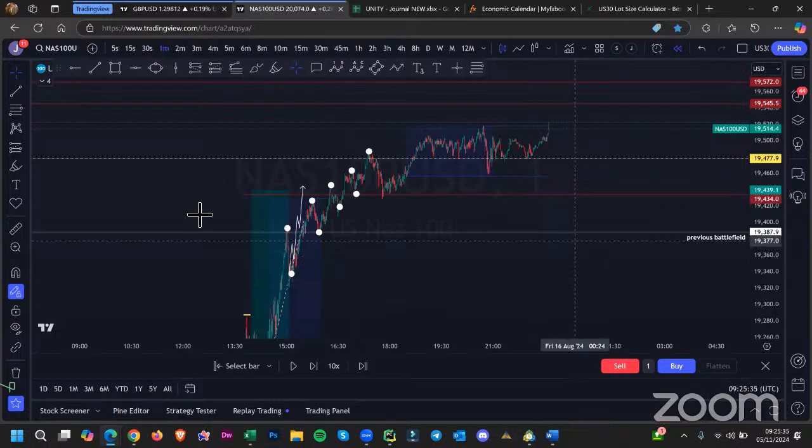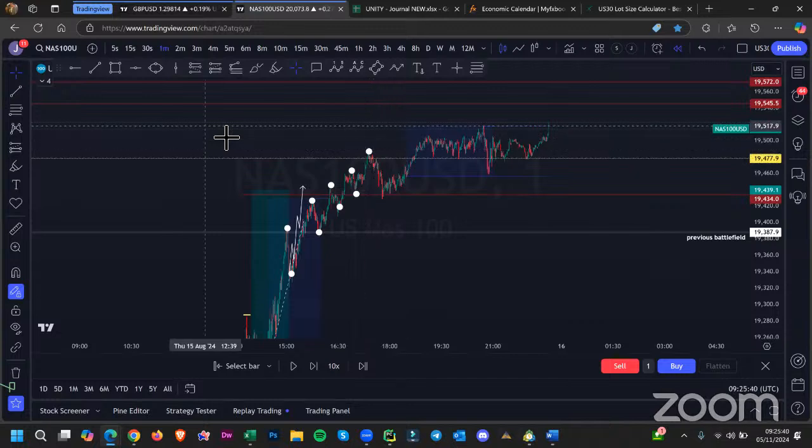You must look left to see where liquidity is or previous battlefields are where we might see reactions. And you must understand when you have won. When you go to work, you're going to go to work for how many hours a day? Is it 1,500 that you're going to be making from the day? If it's not 1,500 you're going to be making for the day, I beg you, humble yourself and understand when you've won.